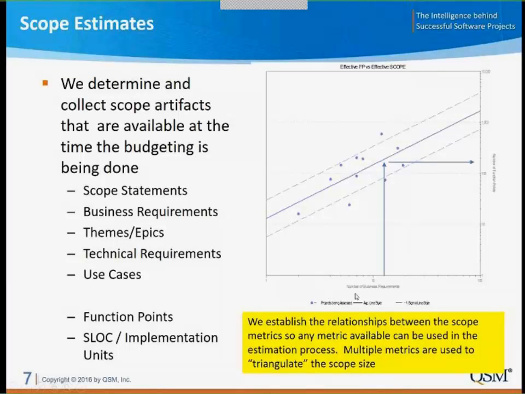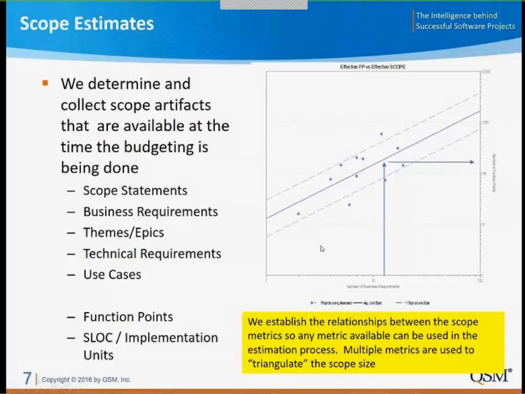In this case, I have a graph of the number of business requirements and the number of function points that were produced. We build a graph, we run a statistical analysis and do a curve fit, and establish a relationship between these two along with some variability.